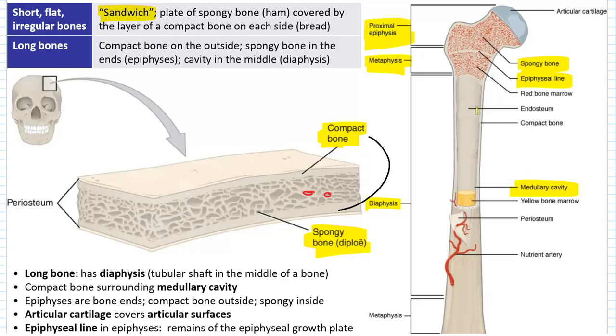Okay? Now, what's inside that cavity? Well, if you're an adult, it's yellow bone marrow, which is fat. If you want to make a really, really thick broth, for soup, would you throw in just meat or meat and bones?